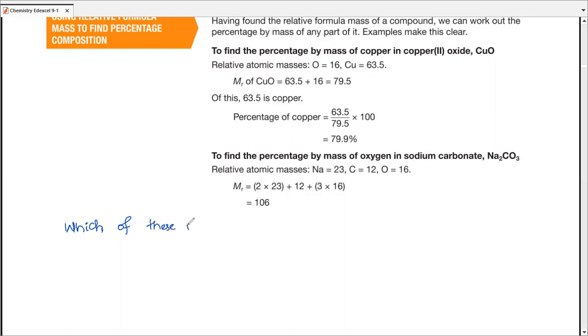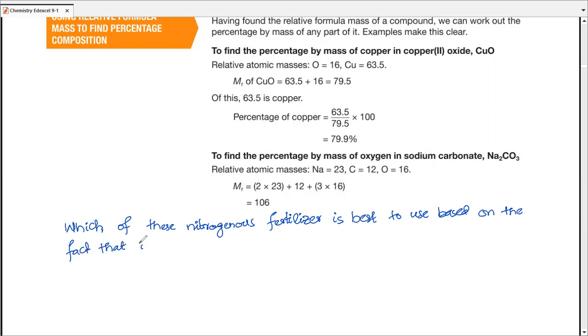Which of these nitrogenous fertilizer is best to use based on the fact that it contains highest percentage of nitrogen by mass.